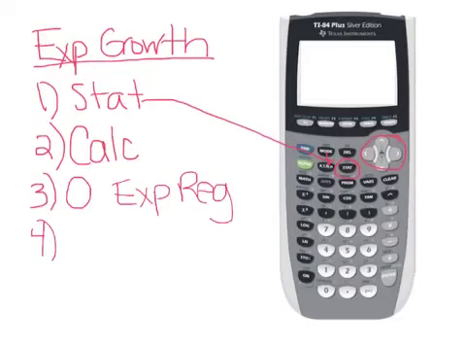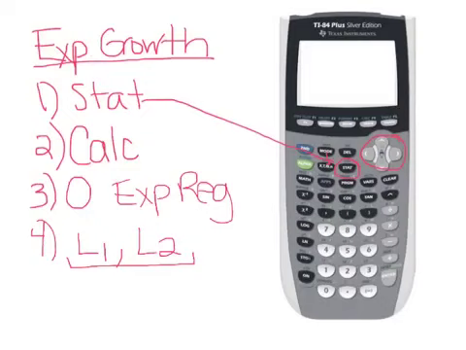Once you select exponential regression, depending on the operating system you have, you have to tell the calculator where your data is. So we're going to say exponential regression, and you have to tell it list 1 and list 2 is where your data is stored. Or if you stored your data in alternate lists, then you have to tell the calculator what list your data is stored in.